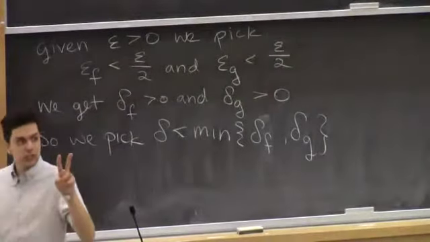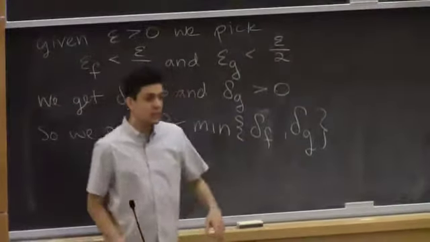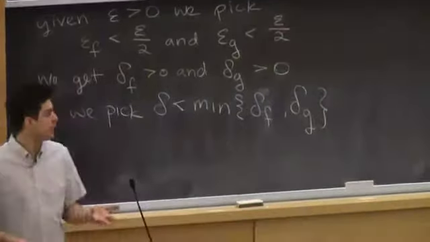So we've got two deltas in question. We've got delta f and delta g. So we're going to pick a value less than those values.